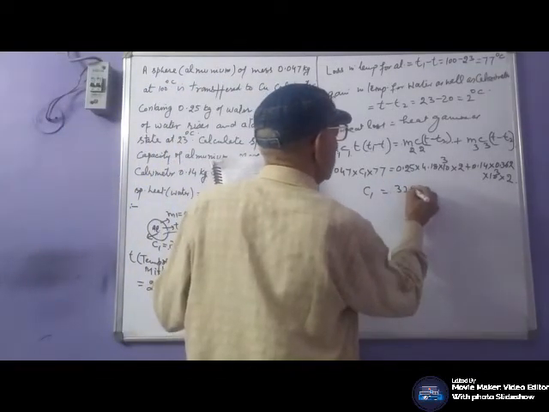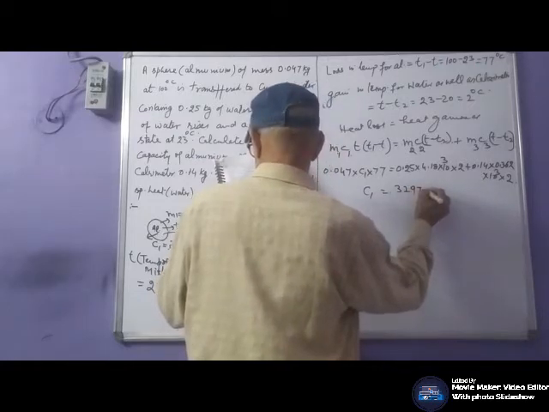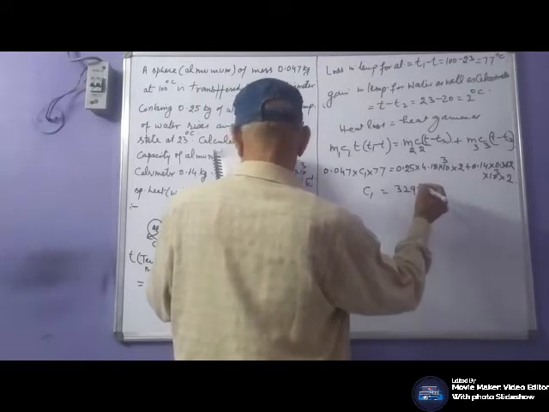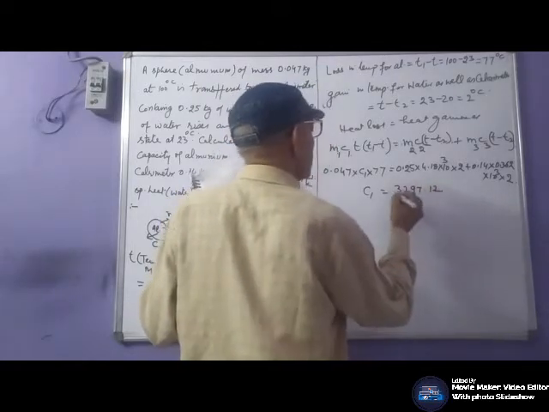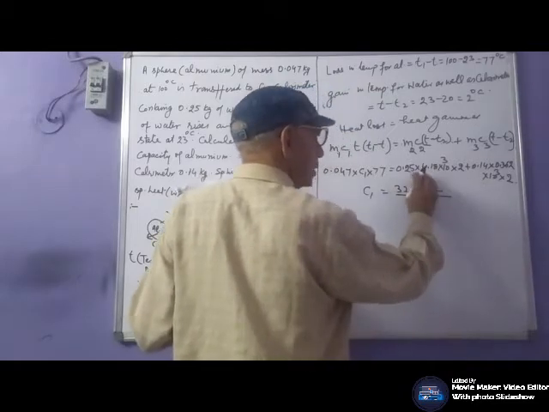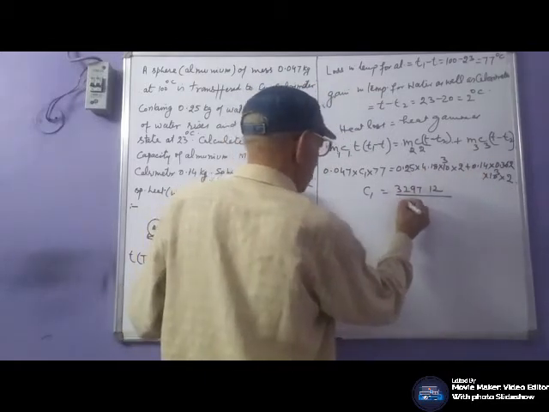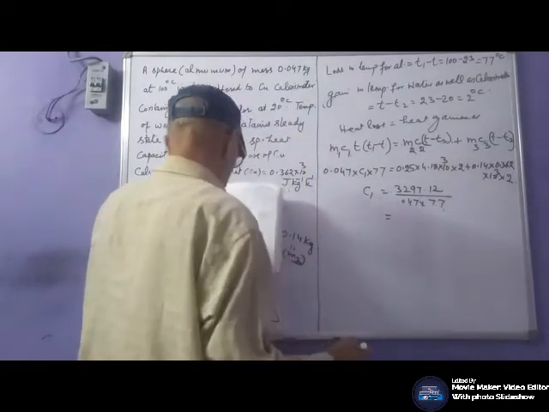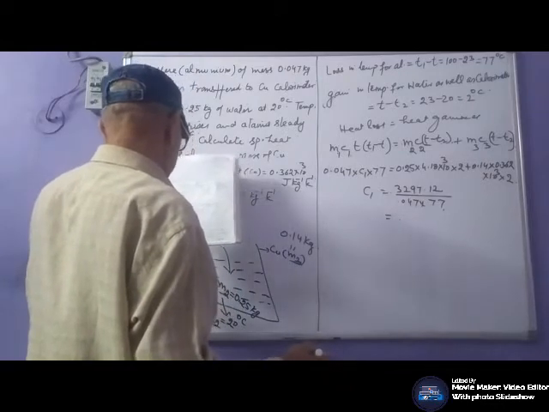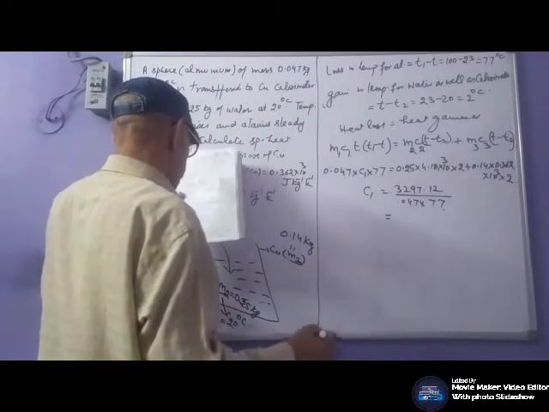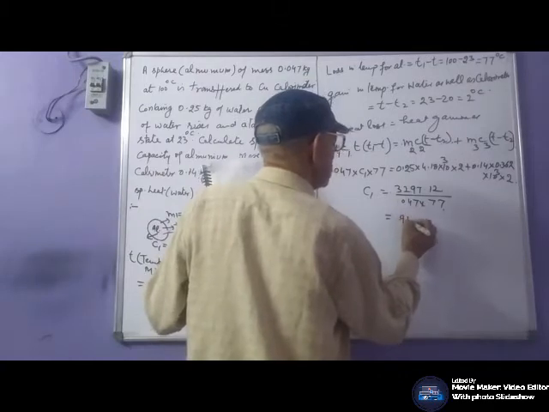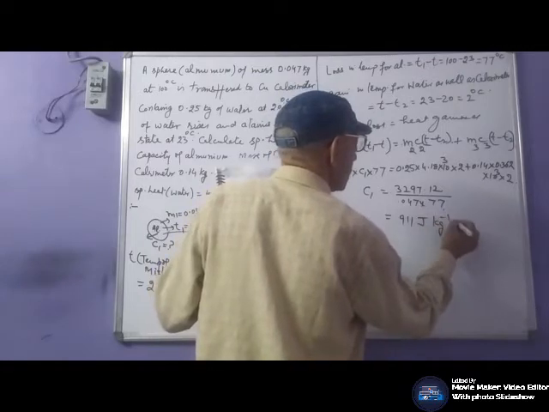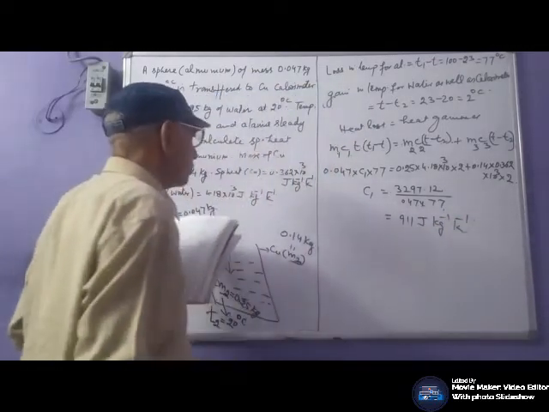It is 3297, divided by 0.047 into 77, and C1 comes out to be in joule per kilogram per Kelvin inverse.